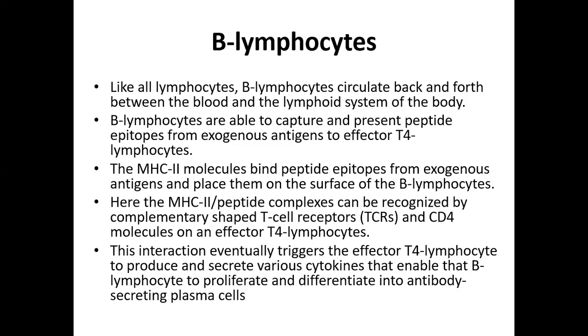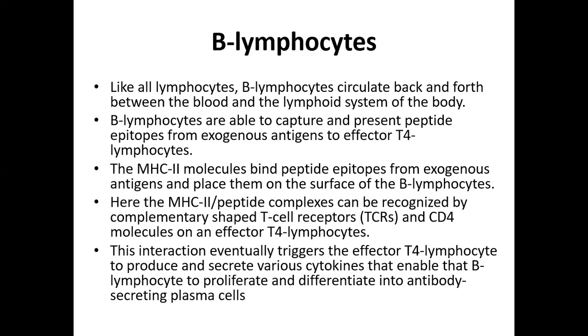But lymphocytes are different than macrophage and dendritic cell. Like all lymphocytes, B lymphocytes circulate back and forth between the blood and the lymphoid system of the body. B lymphocytes are able to capture and present peptide epitopes from exogenous antigen to the effector T lymphocytes.